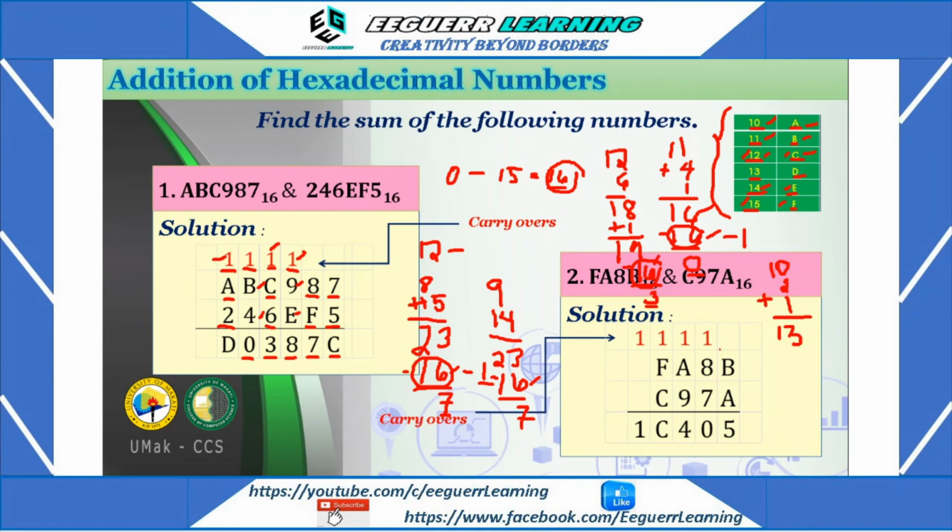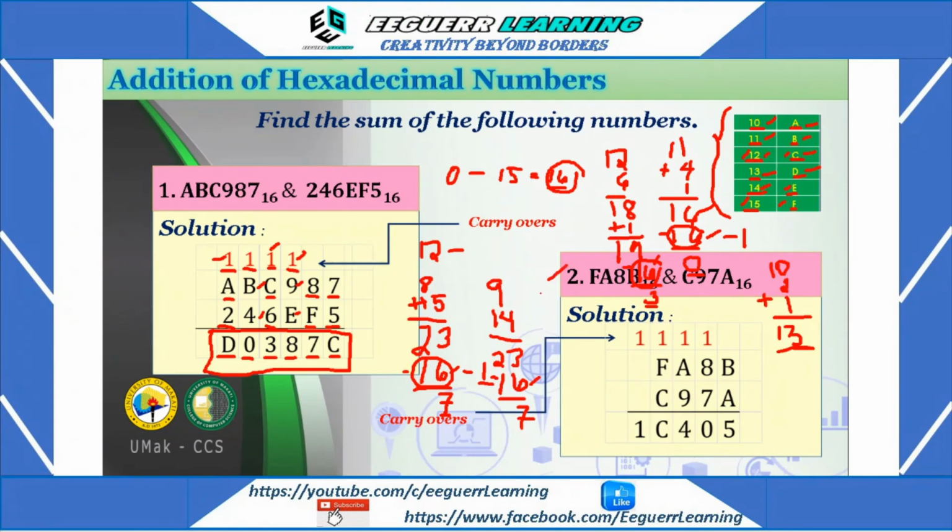We look at the table, and 13 is letter D. We place it here, letter D. So we now have our final answer for problem number 1 for the addition of hexadecimal numbers: D0387C for the result of problem number 1.